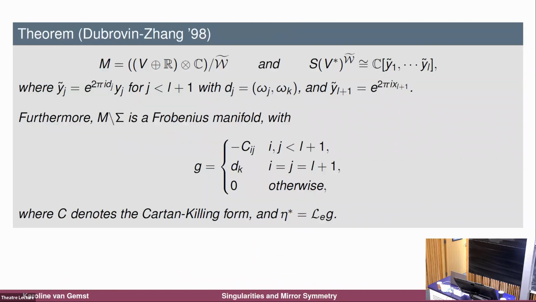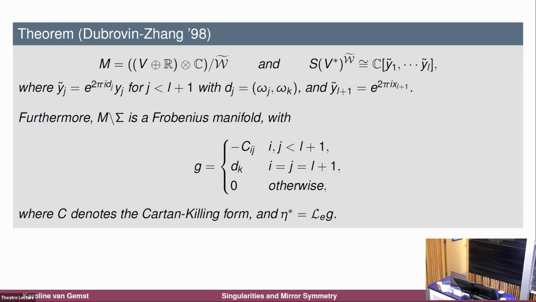Right. So in 1998, Dubrovin and Zhang, when they defined this construction, showed that, yes, you do have a Chevalley type theorem for the extended affine orbit spaces as well.